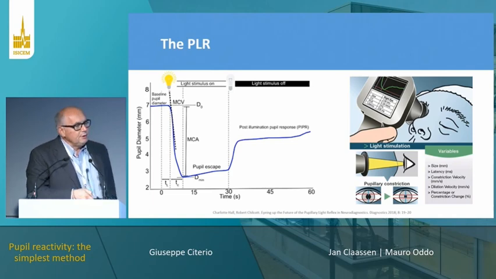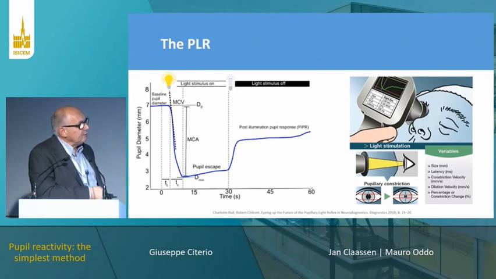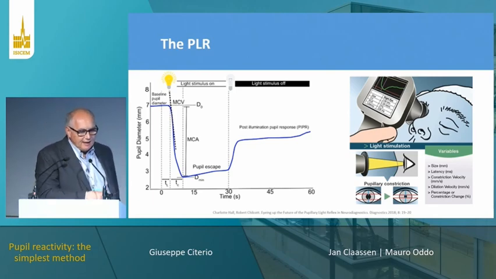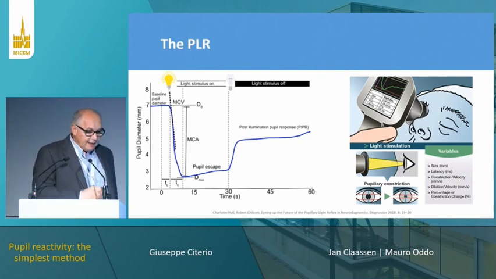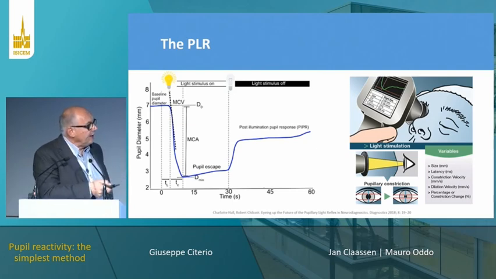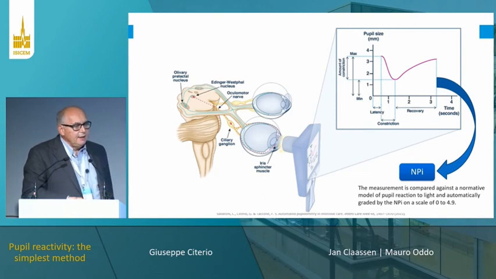These elements could not be integrated in the clinical evaluation by nurses, but both devices give you some information about the size, the latency, the constriction velocity, and the dilatation velocity. Putting these elements together, one of the 2 devices, and we'll discuss only one of the 2, also presents an index, the so-called NPi, that takes into account all these elements.